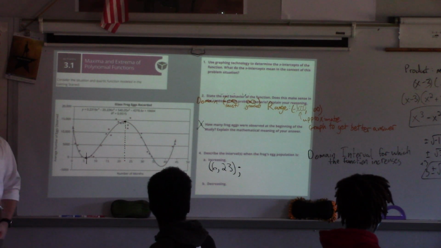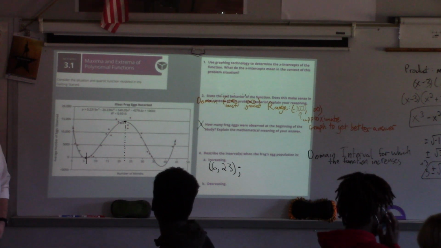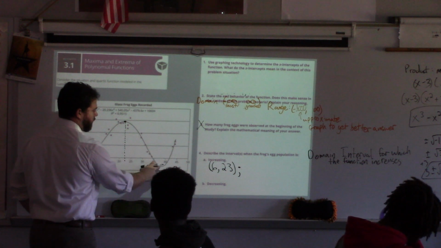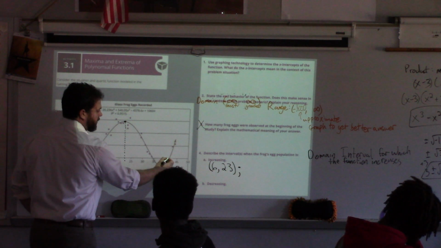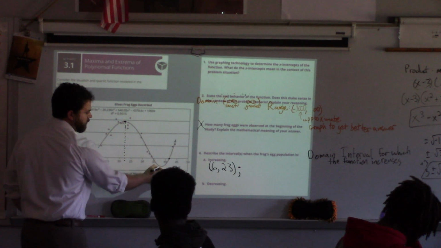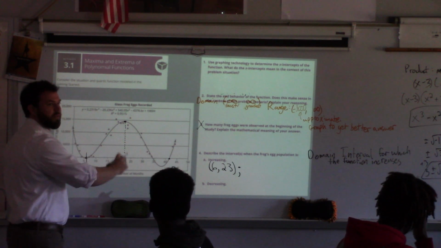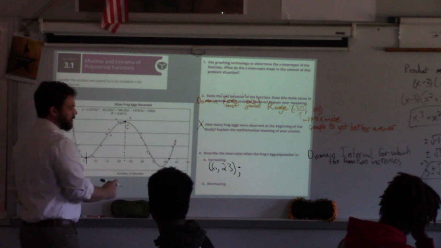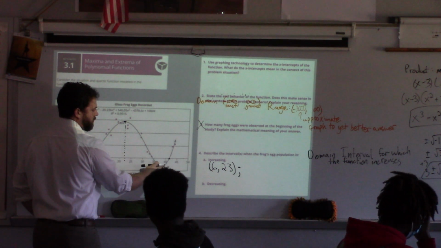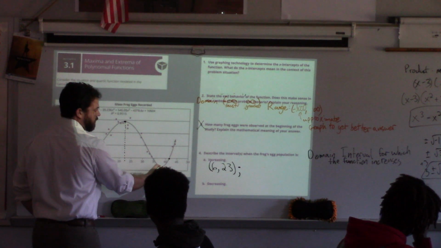Is there anywhere else where the function increases? So 43? Is that where it starts increasing? No, it starts increasing below. At what kind of point would we identify as where it starts to increase? A relative... So like here? Yeah.